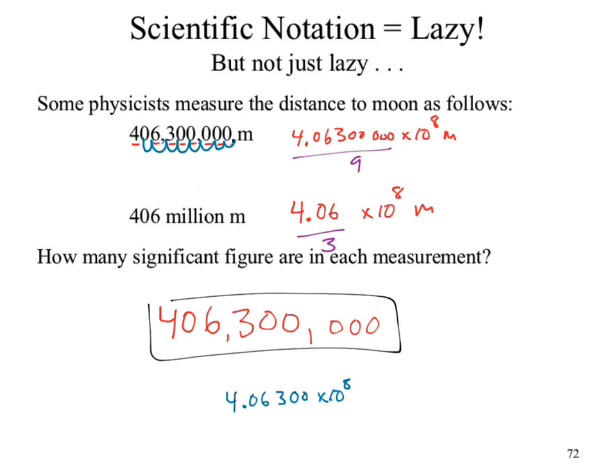How many sig figs in this measurement? 4. But didn't I say that this is the proper interpretation of that? Because I said that those zeros were significant. When I write out the full number, how do I know those zeros are significant?